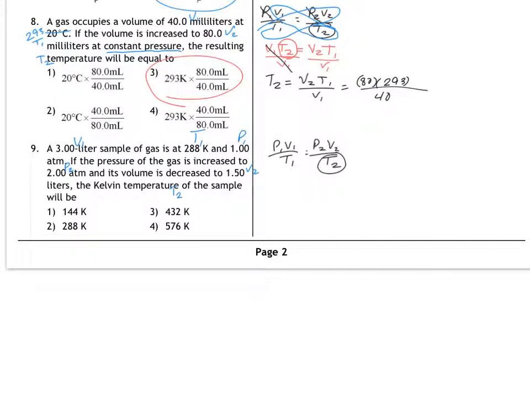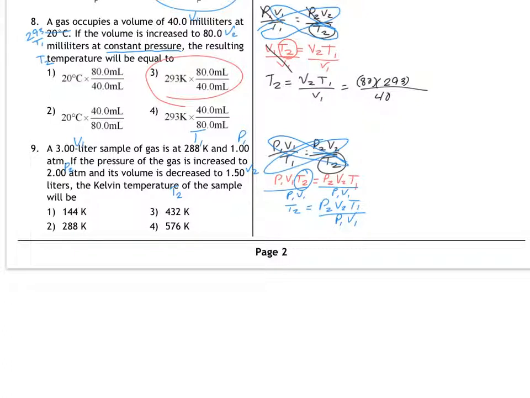All right, so I wrote in our equation, and we're looking for T2. So let's cross multiply these to get T2 out of the denominator. And so we have P1 V1 T2 equals P2 V2 T1. And we are still trying to isolate T2, but the easy thing to do now is to just divide both sides by P1 V1, and you'll be ready to solve for T2.